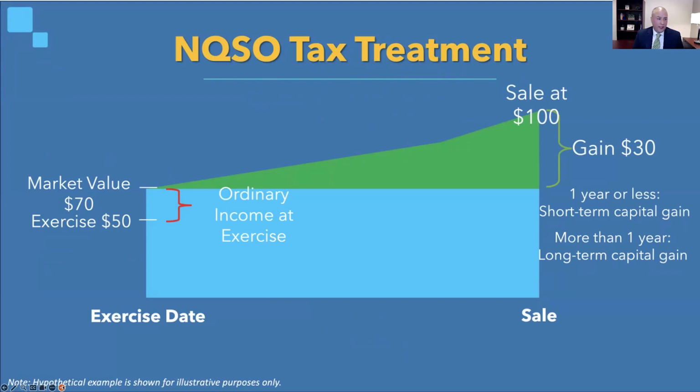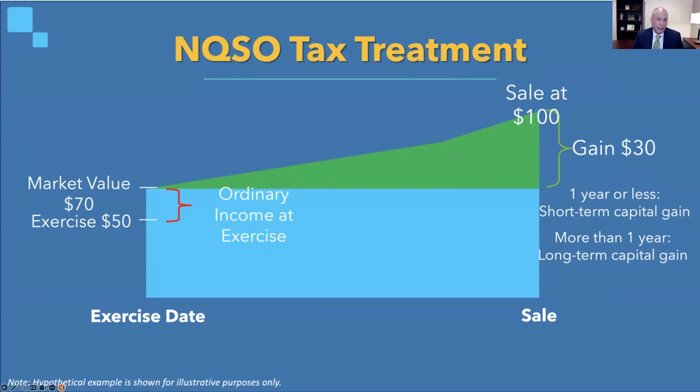Well, the $20 gain that you would have gotten by exercising is taxed as ordinary income for the year of the exercise. So that $20 is considered a bargain element, or the benefit you received as part of your overall compensation package. In other words, as a part of your compensation, you got a deal on the purchase of the stock. So that deal is taxed like the rest of your wages, right? So at exercise, you pay ordinary income tax on that bargain element.